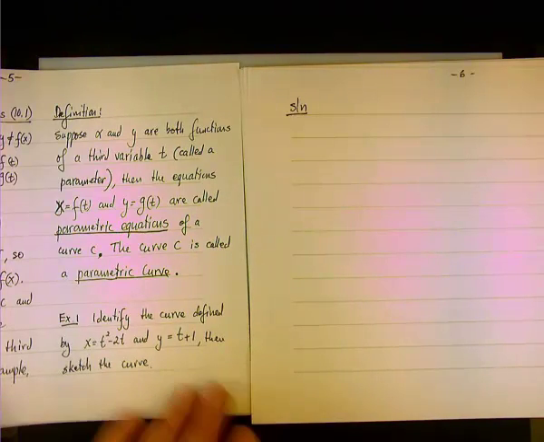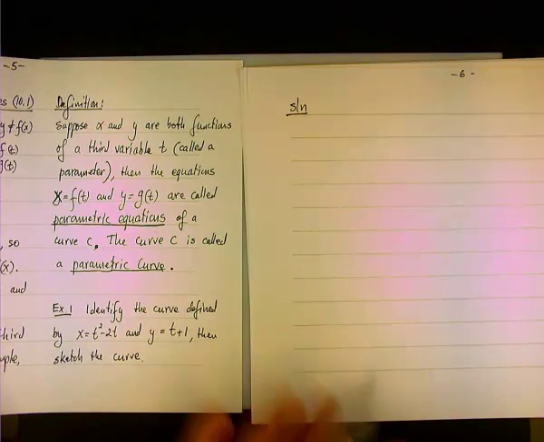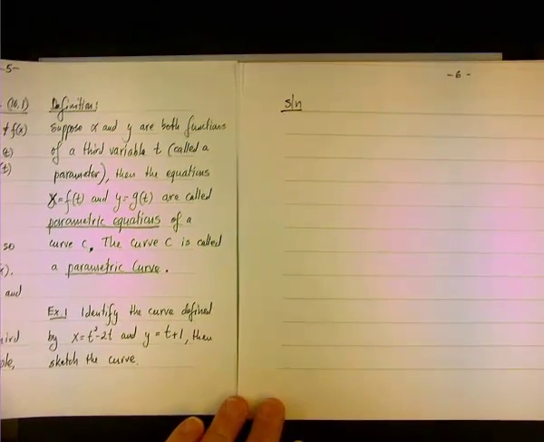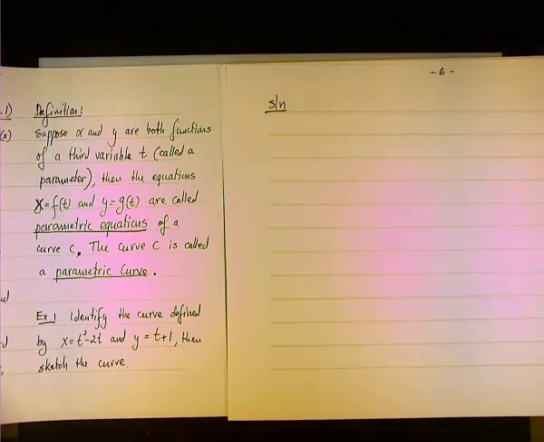All right, since this is the first example, I'll go ahead and show you the technique here. Since y equals t plus 1, this will be a good starting point. Basically, we want to express either y in terms of x or x in terms of y. This is not necessarily a function, as I stated before.